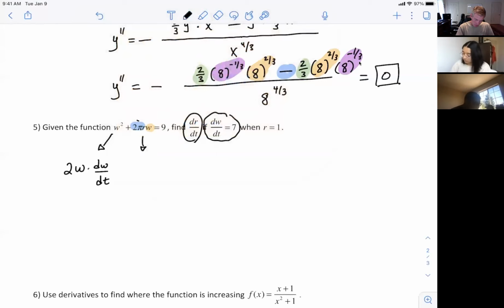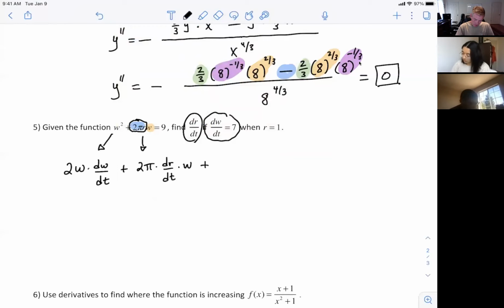So take the derivative of this blue part right here, and that'll be 2 pi, and then take the derivative of r with respect to t. And then the w, for now, you just leave it alone.